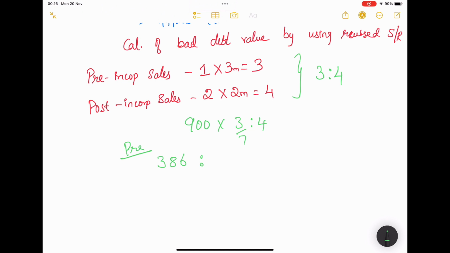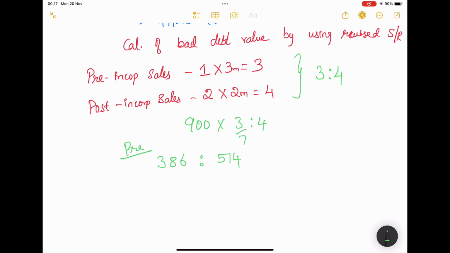If you calculate 900 into 4/7, the value will be 514. Got it? If you want to cross verify, you can verify by adding these both values. You will be getting 900.